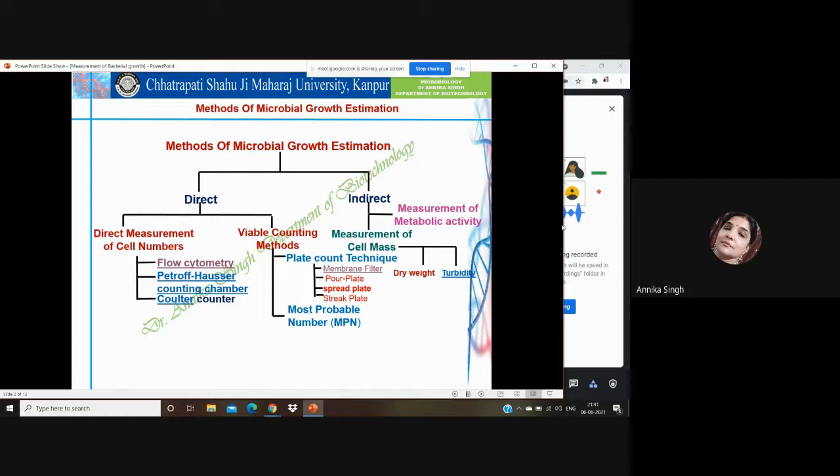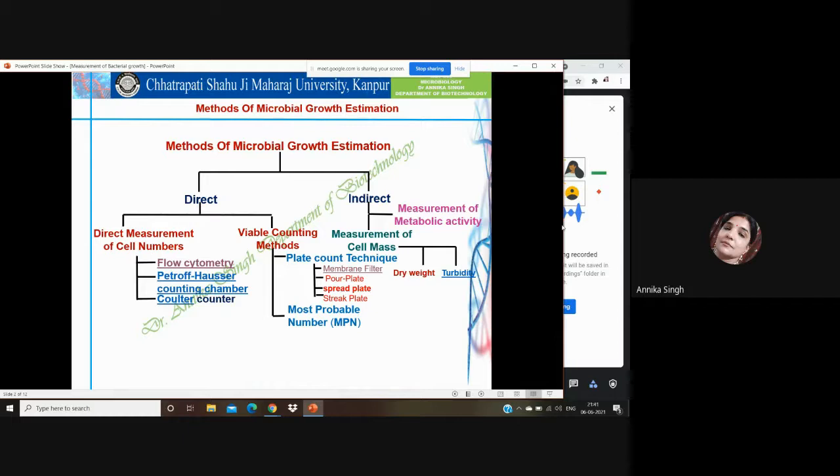While the viable counting method depends upon the plate count techniques. Plate count techniques can be of four types. Pour plate method, that is very classical, traditional one, spread plate method, and streak plate.